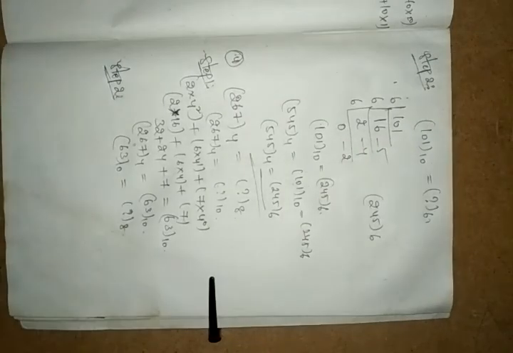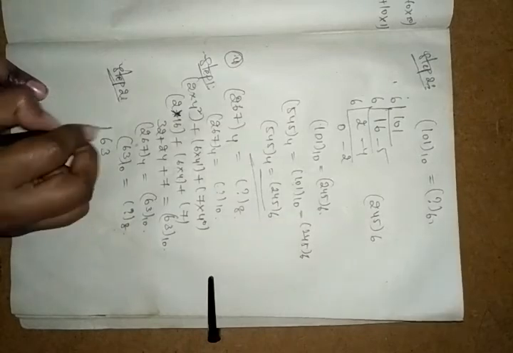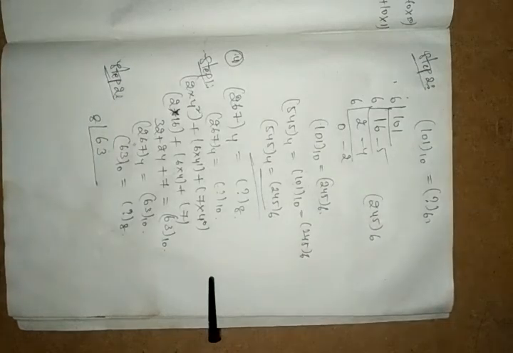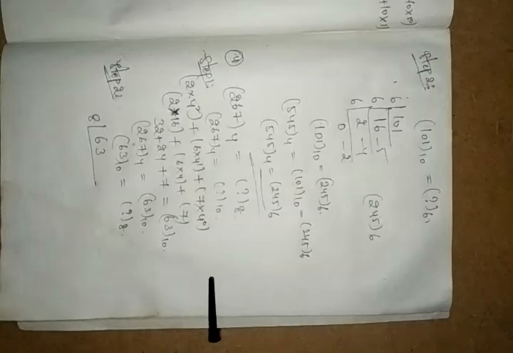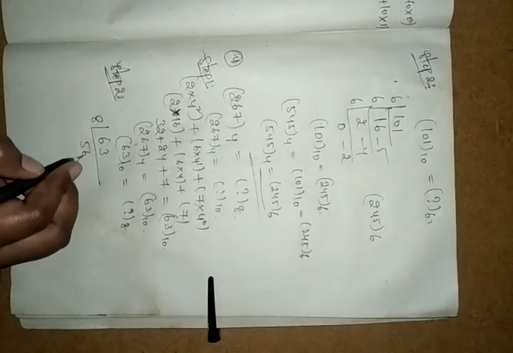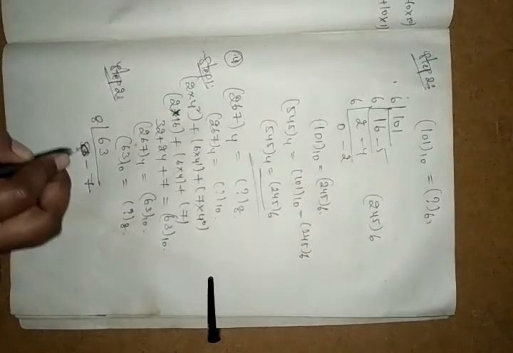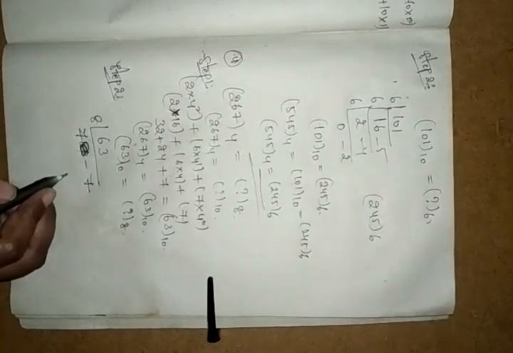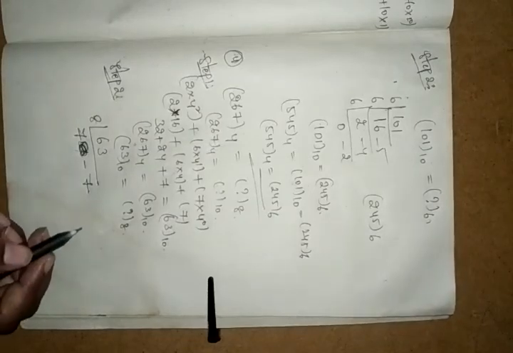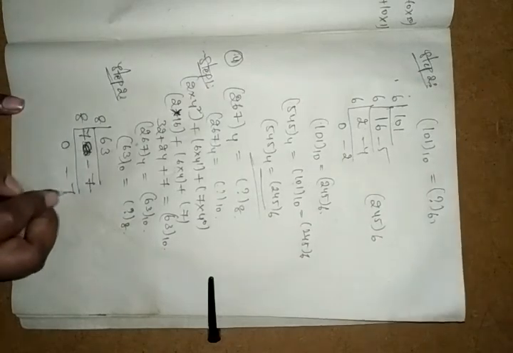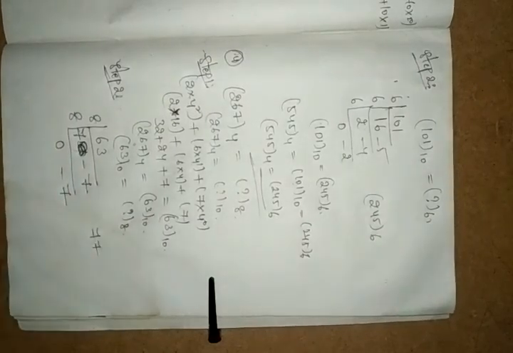Take 63 by 8. 8 eights are 64, but here we have 63, so we go with 8 sevens are 56. We are left with 7. Then there is no possibility to go further, so 0 and 7.